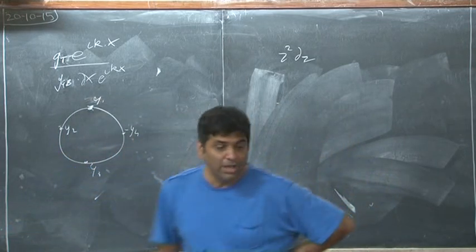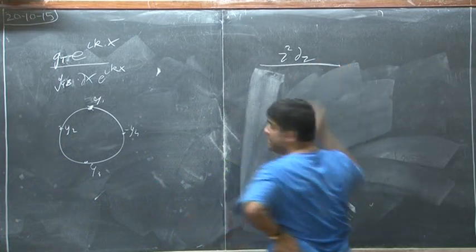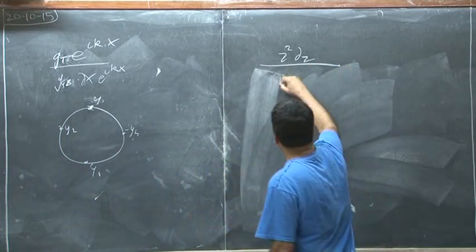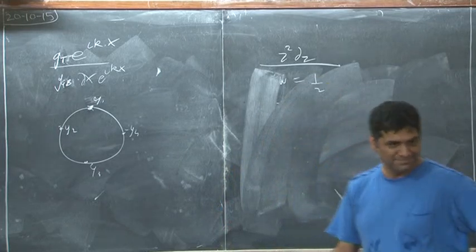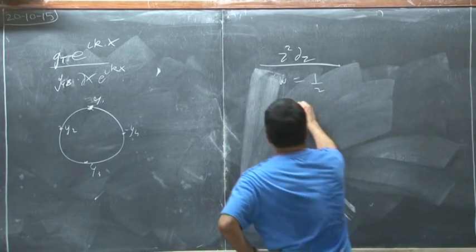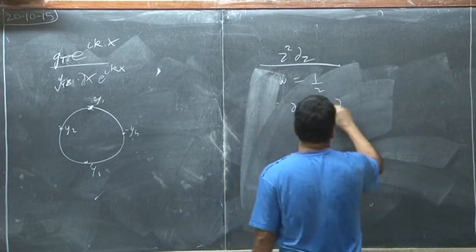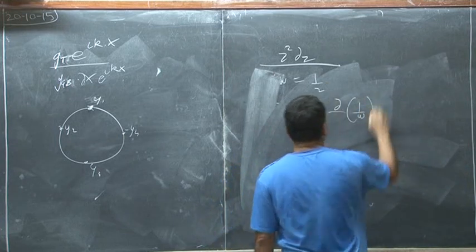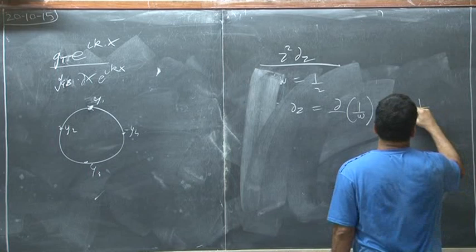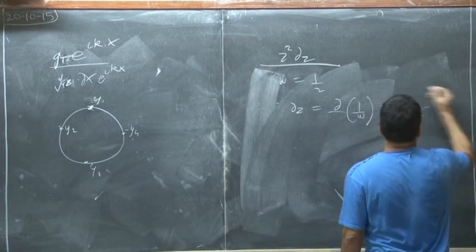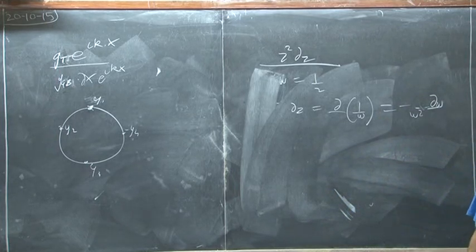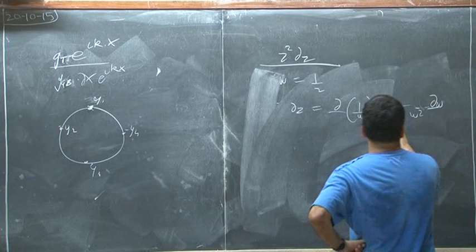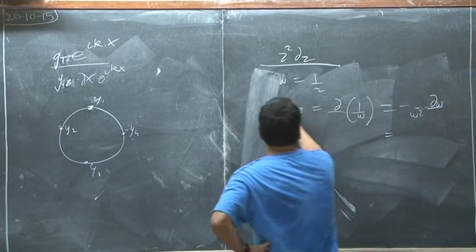Now, let's look at what this becomes in the coordinate W, where W is equal to 1 by z. Del z, which is equal to del of 1 by W, is equal to minus 1 by W squared dW.